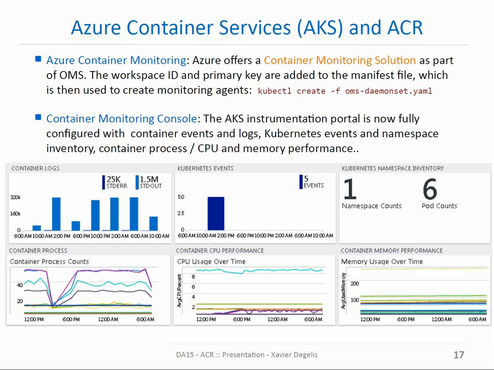The command to do so is kubectl create and then the daemonset YAML file. The container monitoring console is then accessible via Portal, and the AKS instrumentation portal is now fully configured with container events and logs, Kubernetes events and namespace inventory, container process, and CPU and memory performance.